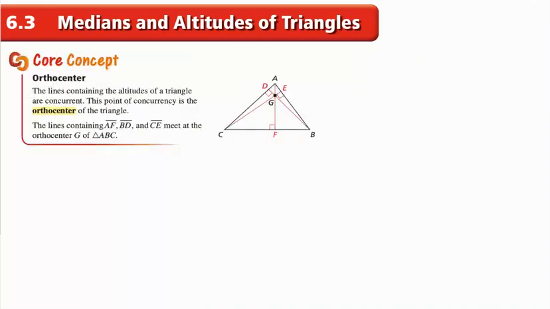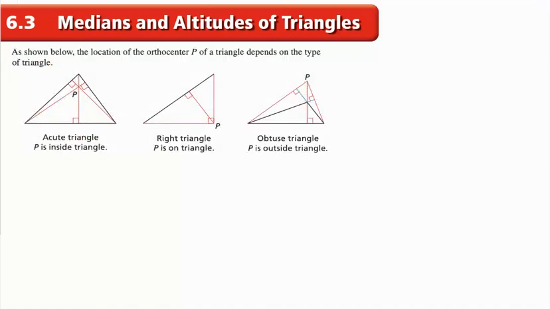The orthocenter is where all of the altitudes intersect. And again, this will be different for right triangles versus obtuse triangles, where the orthocenter will be outside the triangle or on the triangle, as we've seen with the perpendicular bisectors. So they're showing us that in this image here.